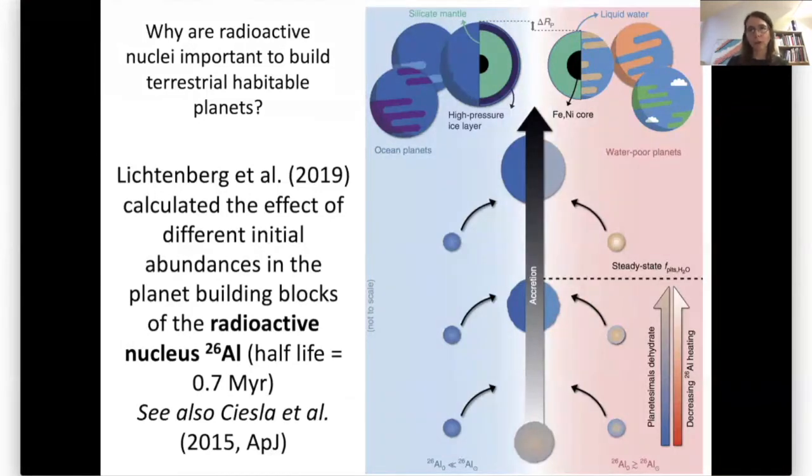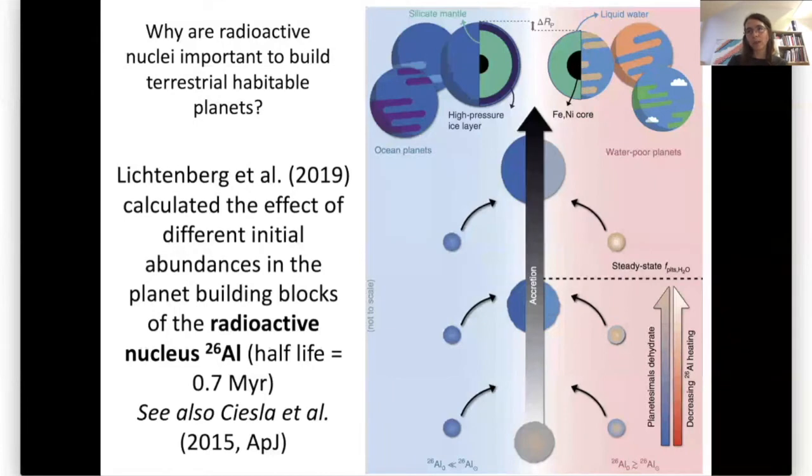You don't lose water, you don't lose ice. So you accrete and you end up with planets that have a lot of water, so it is like ocean planets.